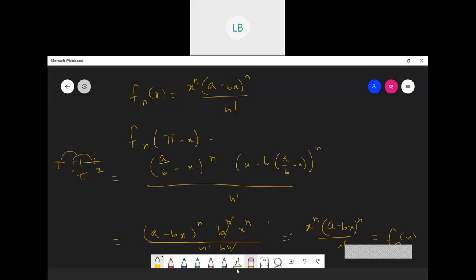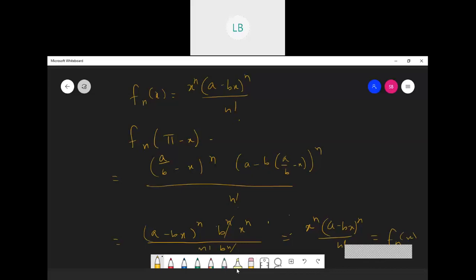So whatever the case, it is symmetric about pi by 2, right? So this function is always symmetric about pi by 2. So the value at pi minus x will be exactly the same as the value at x.